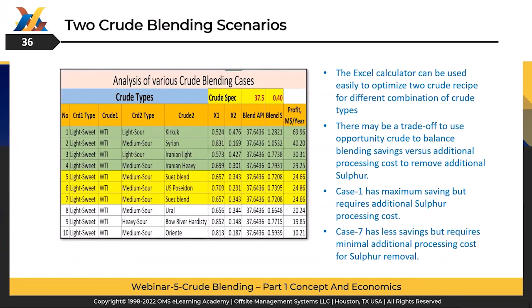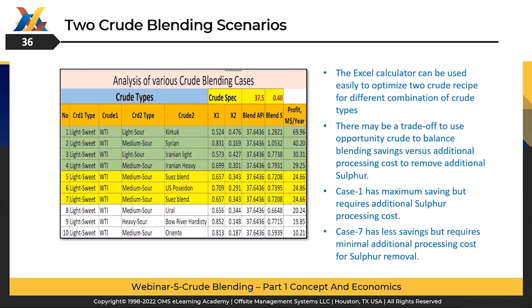Now, we can run different combinations of binary crudes from the table and run the optimizer. And for those crudes, it will tell you the profit and the recipe and the RMS. And based on that, the refinery or the trader can select the combination of binary crudes.